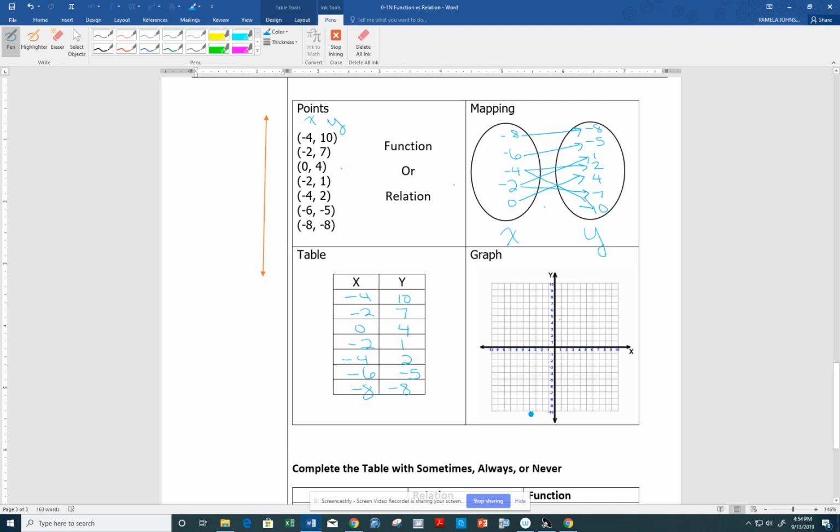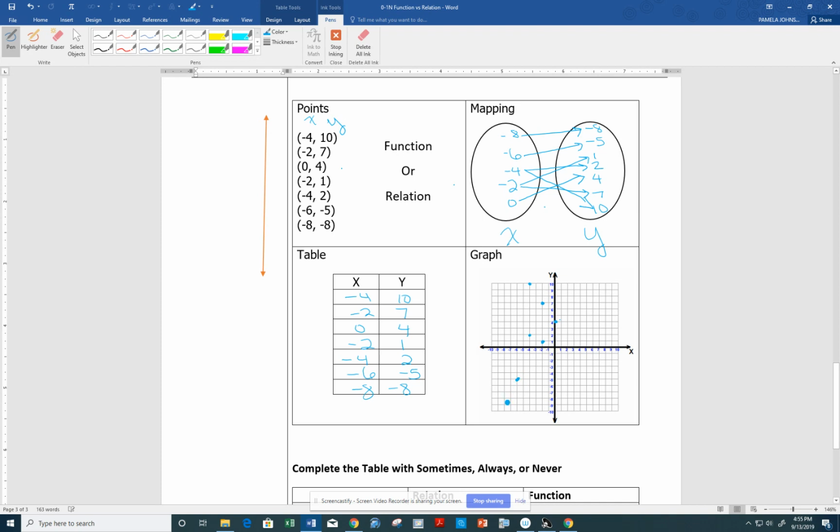So -4 and 10 is way up here. -2 and 7. 0 and 4. -2 and 1. -4 and 2. -6 and -5.